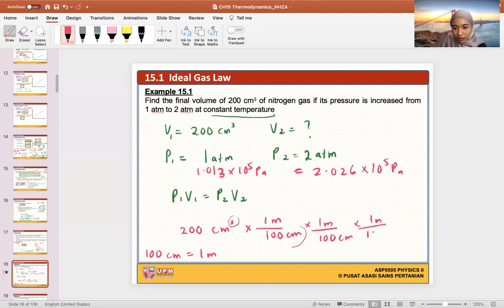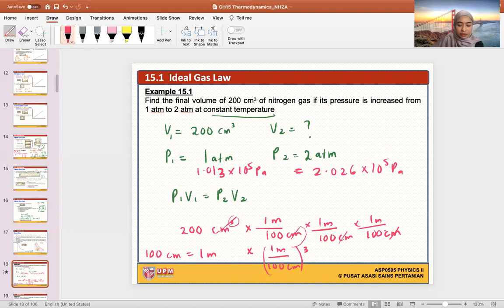Times 1 meter over 100 centimeter. So now I have 1, 2, 3 centimeters cancel out. I have 1, 2, 3 meter cube now. So 200 divided by 100 divided by 100 divided by 100 will give me meter cube. Okay. If you don't want to use this method, it is also fine. You can just directly use 1 meter over 100 centimeter, and then you just cube this thing. When you cube it, this 100 becomes 100 times 3 also, right? 100, 100, 100.